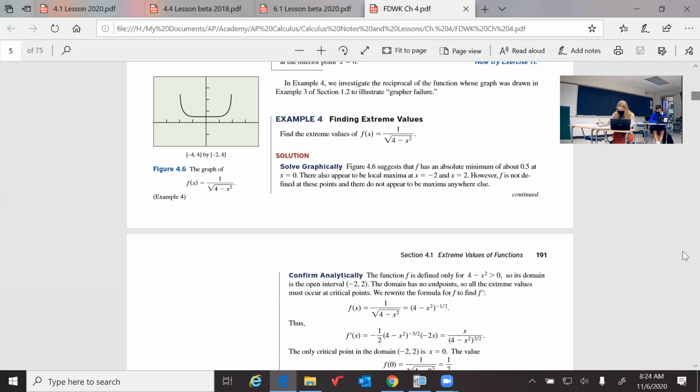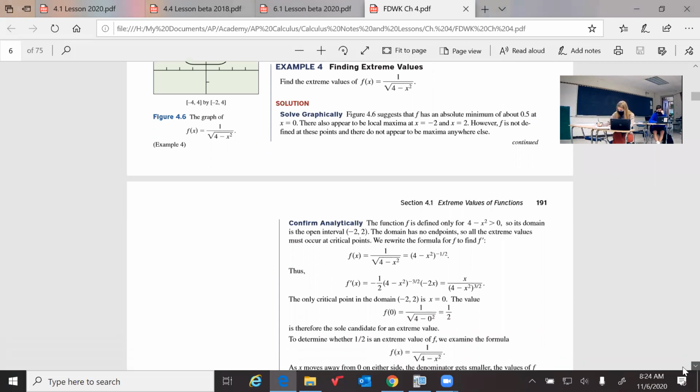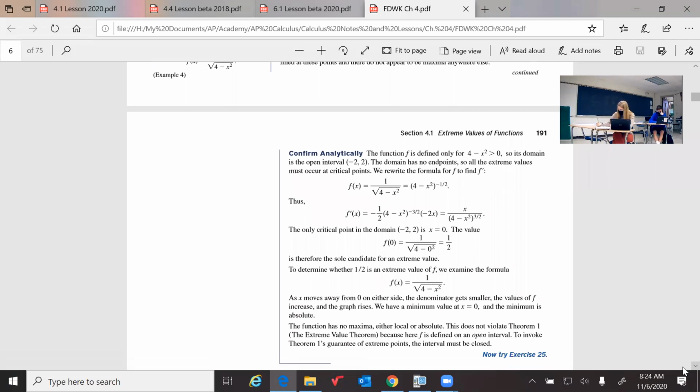On page 191. How did they do that? It's chain rule, it's going to help you for your assessment. They rewrote it as 4 plus a negative x squared in parentheses raised to the negative 1/2 power. Make sense? Hopefully.